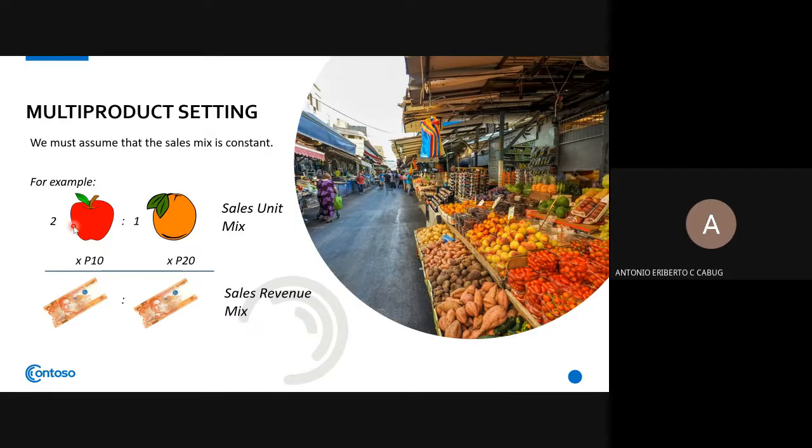Mapapansin nyo dito, kapag 10 pesos ang benta ng isang apple, 20 ang isang orange. So every time you sell 2 apples, you sell 1 orange. Parehas silang 20 pesos. So if you are going to look at the revenues for the day, pantay yung revenues na galing sa apple at sa orange, kahit na magkaiba yung number of units.